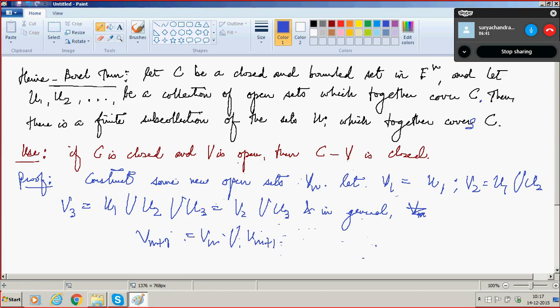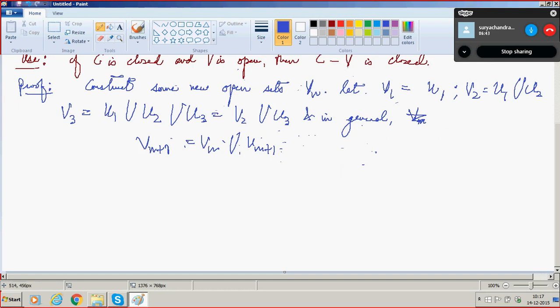Now we have constructed the sets, we are rigging the proof. The sets Vn are all open and form an increasing sequence.